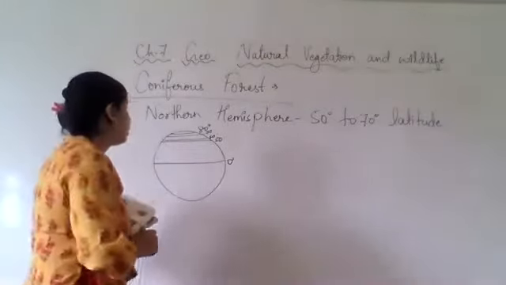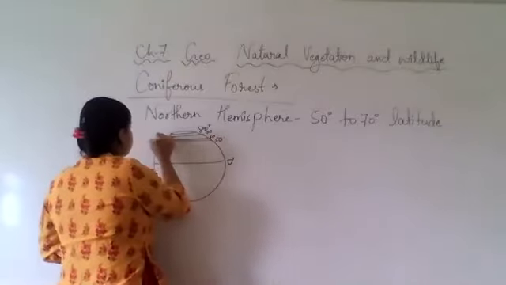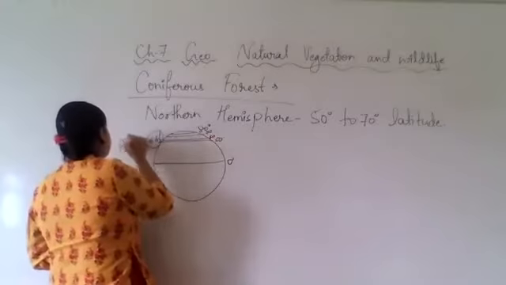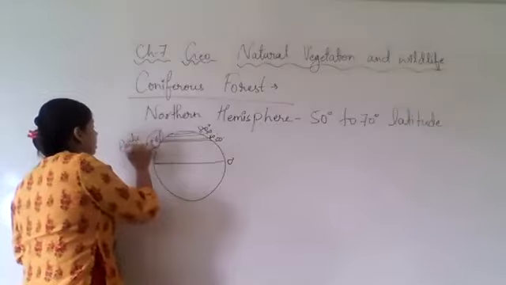Now if you remember 66.5 degree, you have the Arctic Circle. You have the Arctic Circle in the north.